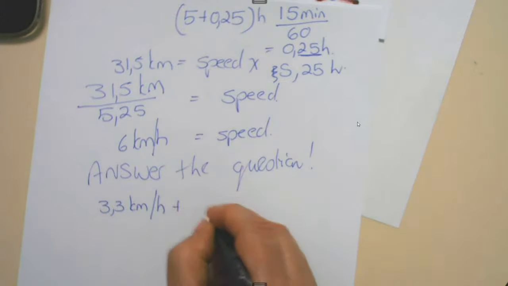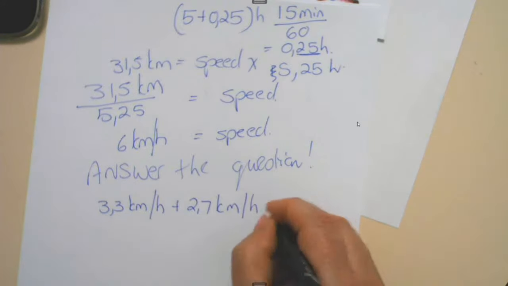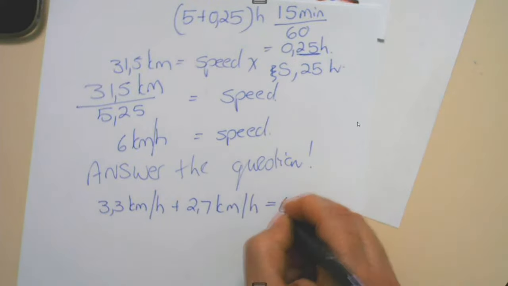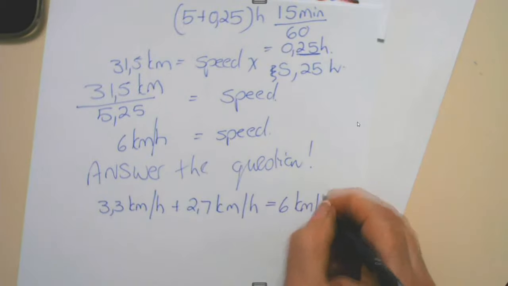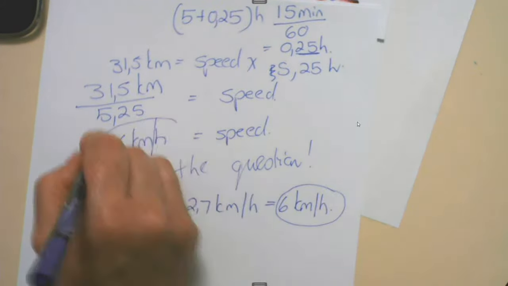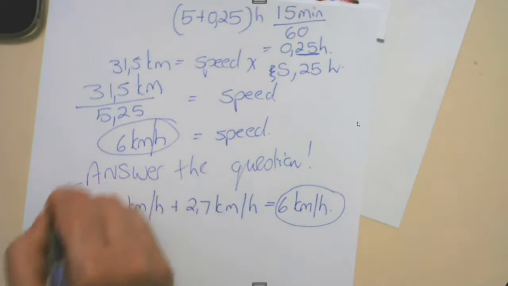So if you add 2.7 kilometers per hour to that 3.3 kilometers per hour, what is it that you're going to get? On my calculator, I get exactly 6 kilometers per hour. And if I compare this with what he is running, then answer the question.